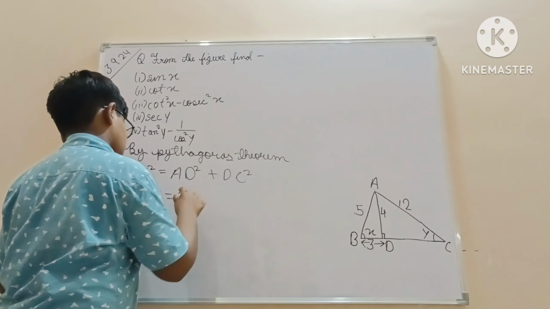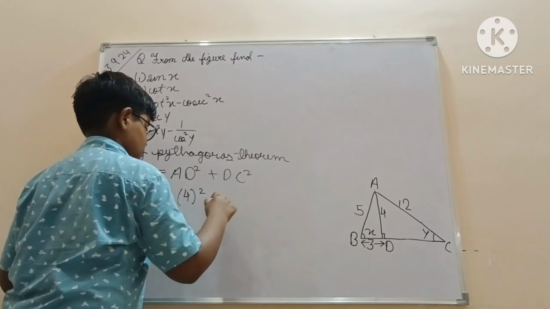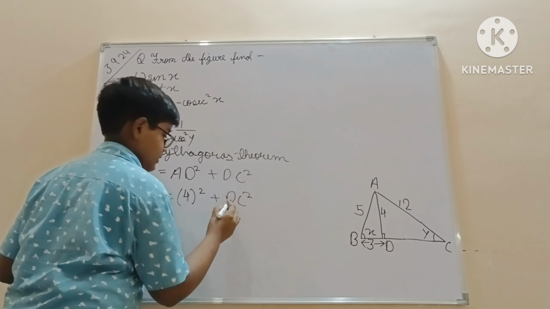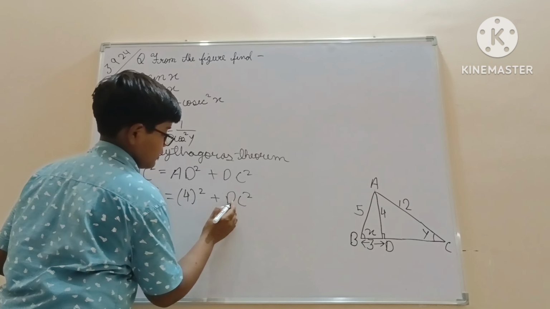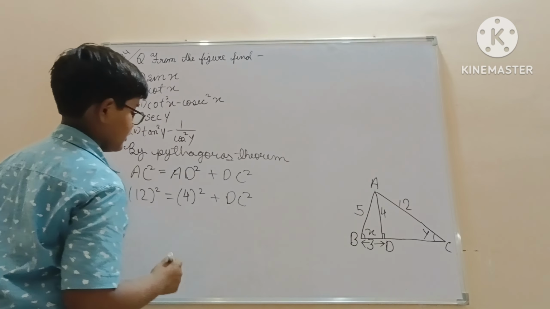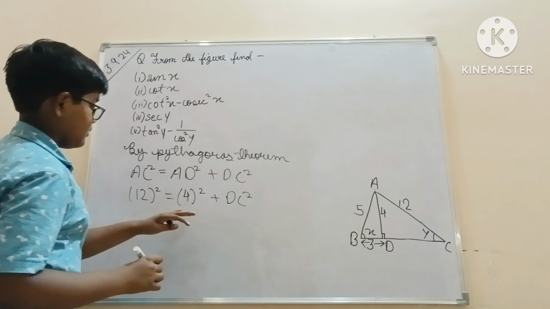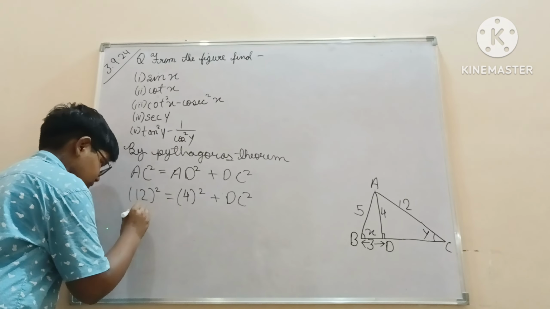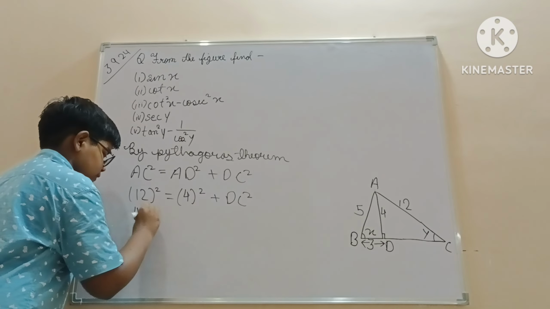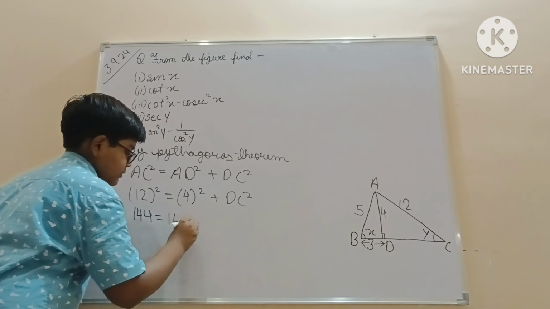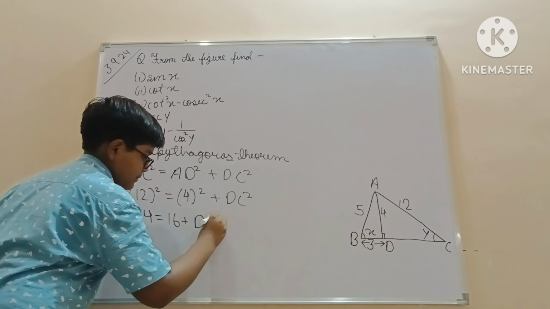AD has a value of 4, it will be whole squared plus DC square. Now we have got this equation, so now we will equate: 12 square is 144, 4 square is 16 plus DC square.